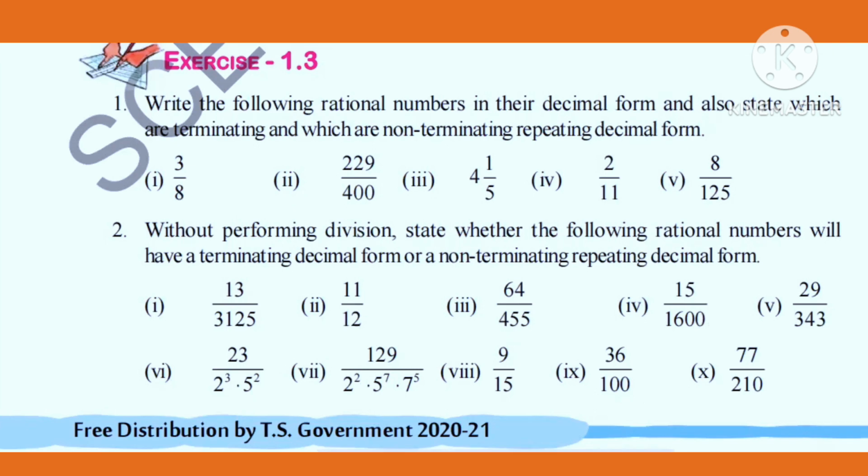Write the following rational numbers in their decimal form and also state whether they are terminating or non-terminating. I told you just before, you can divide and write it in the form of a decimal. So here 3/8 is there, you have to divide it directly.